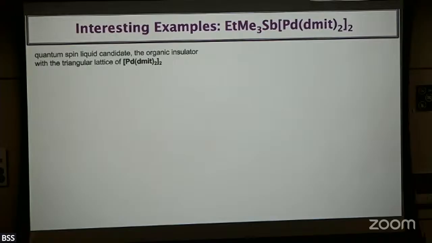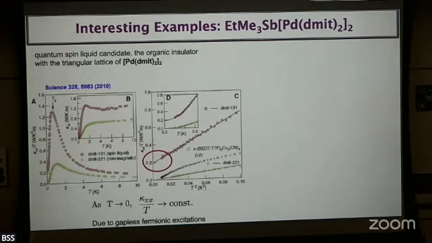And in 2010, it has a very famous figure of the thermal conductivity, here, look at this, kappa XX divided by T versus T squared fit. If you look over here, thermal conductivity at very low temperature, let's say tau is constant.